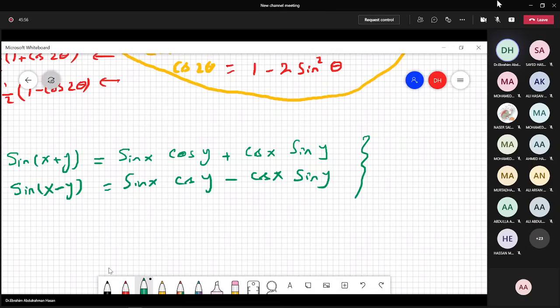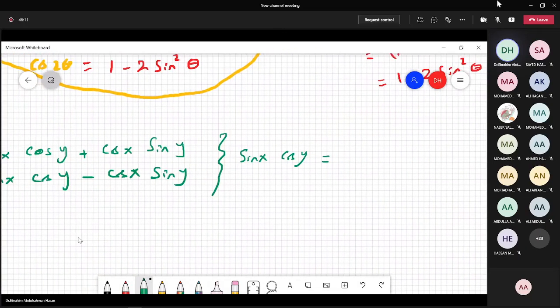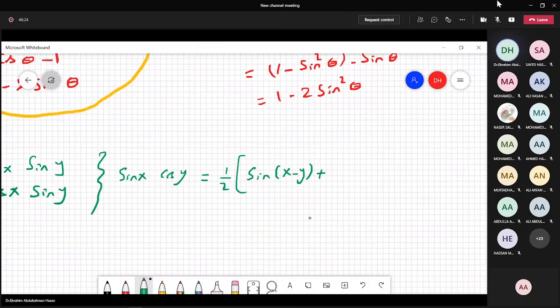So then sine x cosine y equals the addition of these 2 divided by 2, because here we have 2 sine x cosine y. So then it is equal to half of sine x minus y plus sine x plus y.